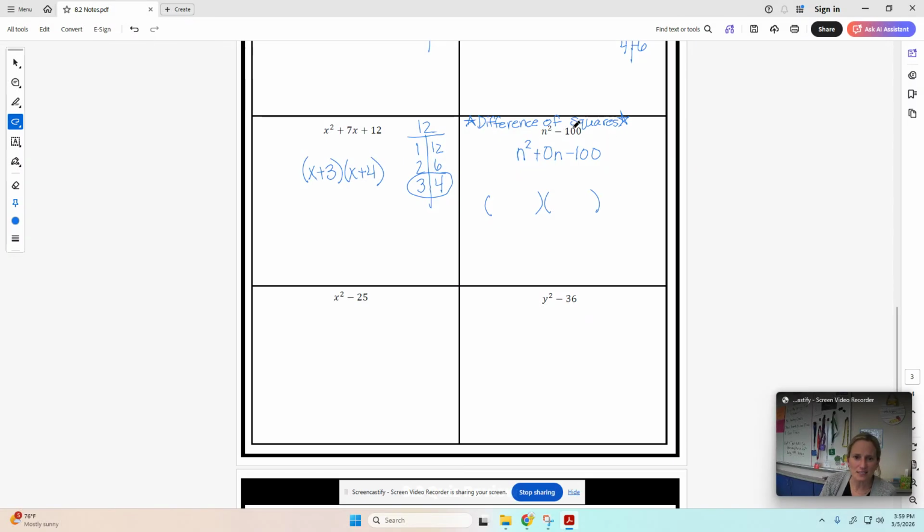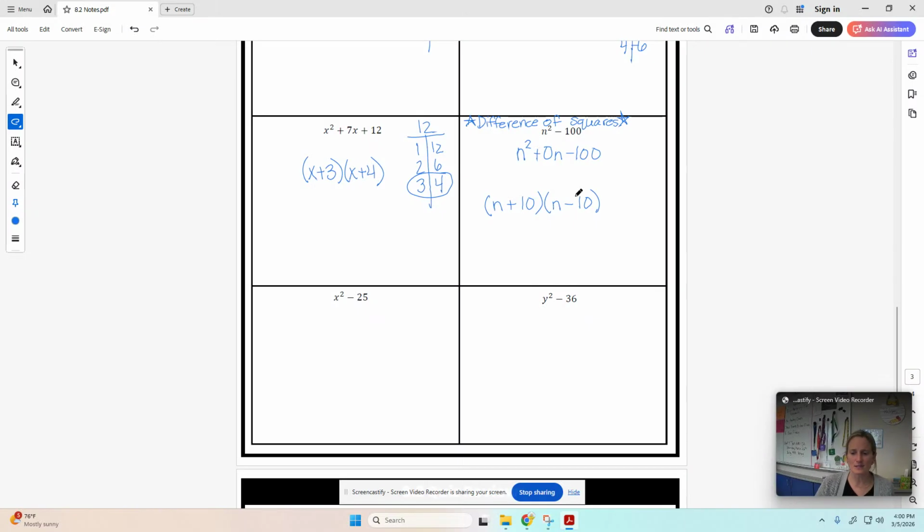But because the final number in each of these is a perfect square, the two terms in each binomial are just the square root of the first term and the square root of the second term. So the square root of n squared is n. The square root of 100 is 10. One is a positive, one is a negative.